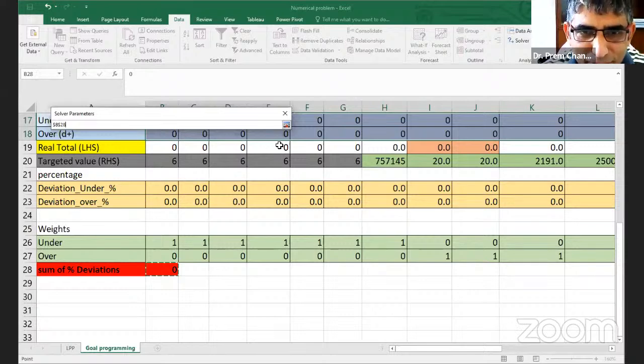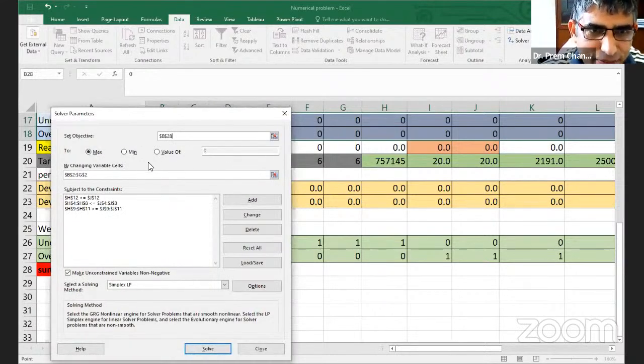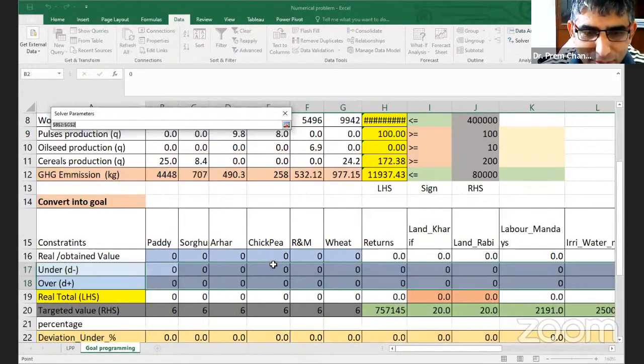So this has become my objective function. I want to minimize it by changing this one and also this one, and I can change this also.